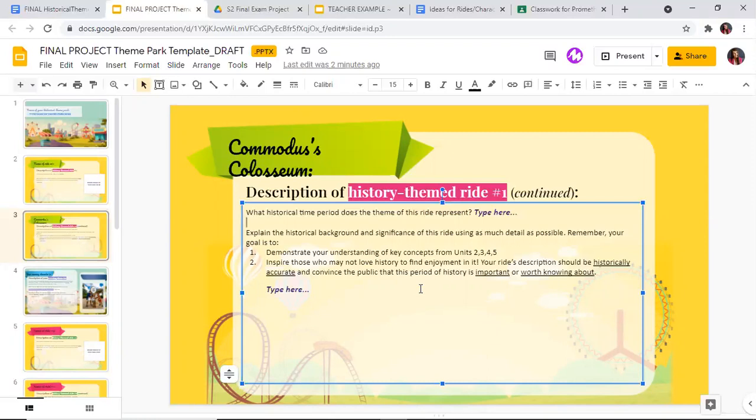And then bad leadership, such as Commodus, tends to contribute to an empire's demise. So again, it is very, very important here that your ride's historical significance and background is historically accurate, convinces the public this period of history is important and worth knowing about, and ties directly to the key concepts that we reviewed last week from that particular unit.